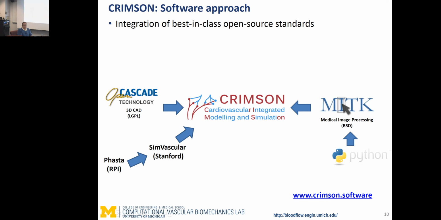So we have a completely new GUI. I mean, you could go to SimVascular and see the differences, but this is based on a medical image visualization and medical image processing solution called MITK. This is developed by the German Cancer Research Center. It is open source, of course, and based on industry standards like ITK and VTK.